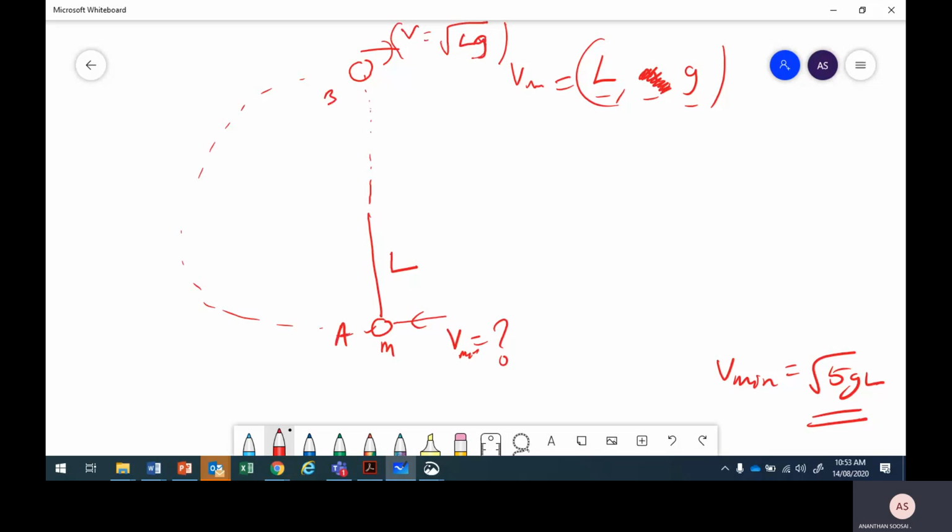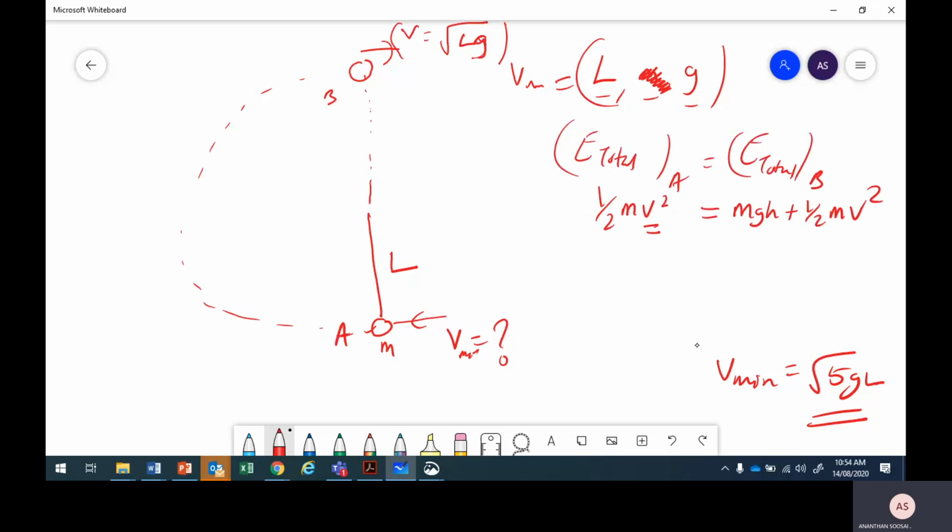So point A, point B. Total energy at A must equal total energy at B. Total energy at A, what form? Half mv squared. This is the V we are looking for. Total energy at the top is mgh plus half mv squared, with the top speed, which we know is root of gL.